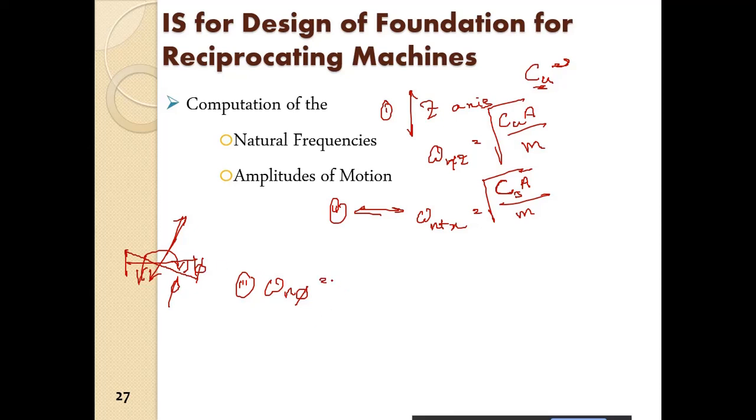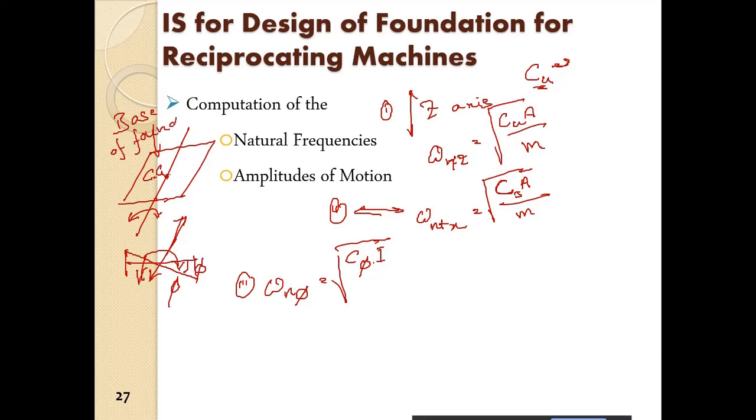So omega n phi will be root over C_φ I, where I is the area moment of inertia of the base foundation about the axis of rotation passing through the CG of the base of the foundation. This is the base of the foundation, and this is the point O which we have defined. Above that it rotates, so there is rotational motion.